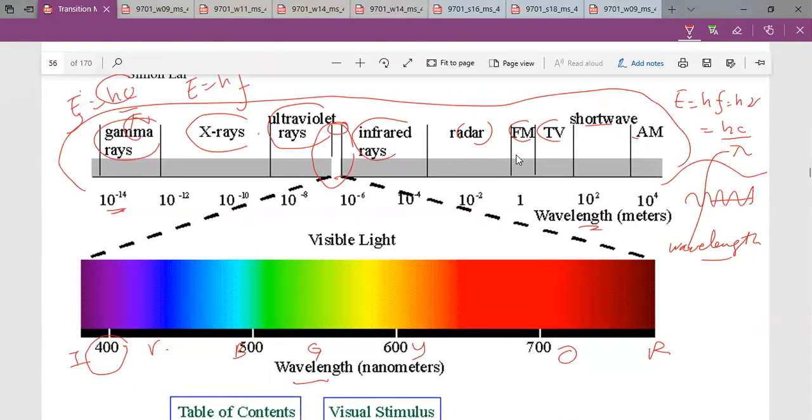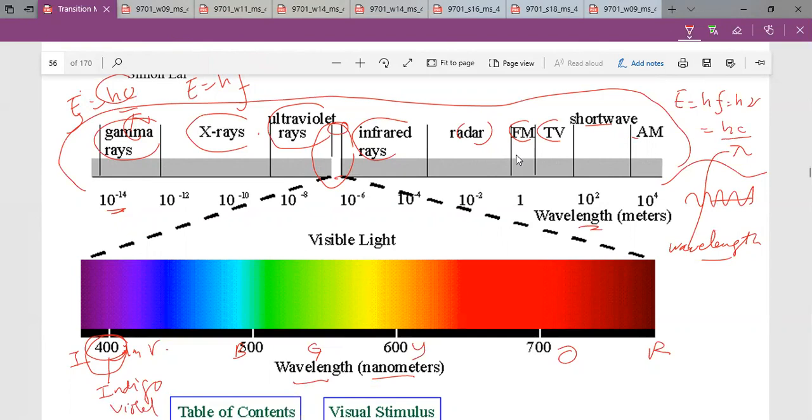It's all this wavelength here, between this small part, starting at 400 nanometers. The shorter the wavelength, the more energy, which is your violet or indigo.